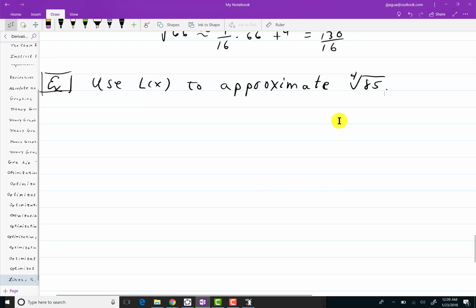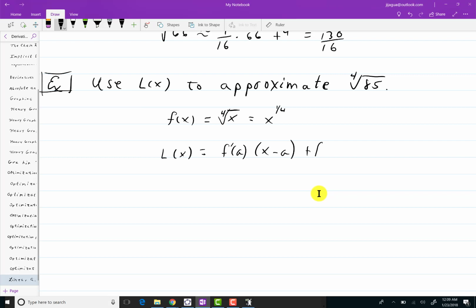Okay, so when I do my approximation, we're going to use f of x equals the fourth root of x, which you might find easier written as x to the 1/4 power. So then L of x equals f prime of a times x minus a plus f of a.